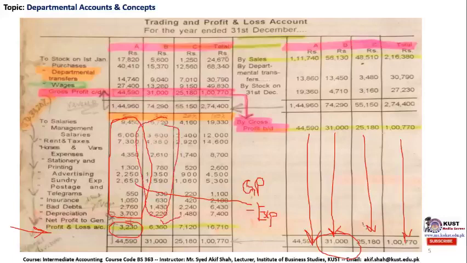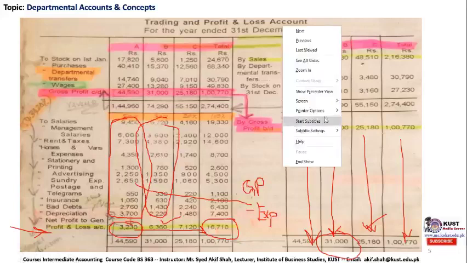And we have done the same for department C. At the end we add up all these three, and it will give us 16,710 as the net profit of the business.